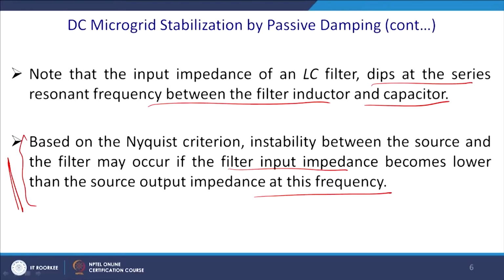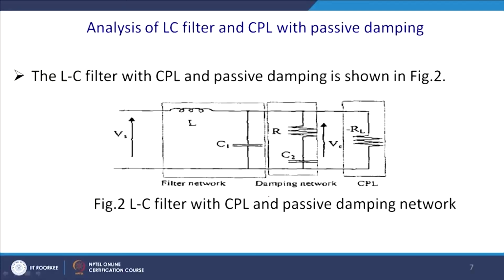Instability between source and filter may occur if the filter input impedance becomes lower than the source output impedance at that resonating frequency. And if the switching frequency becomes the resonating frequency, then there is a great hazard.